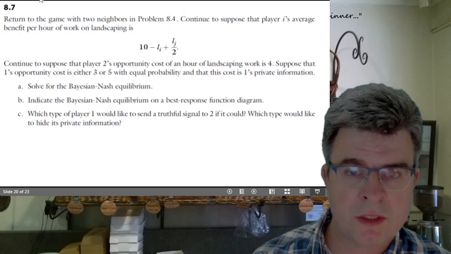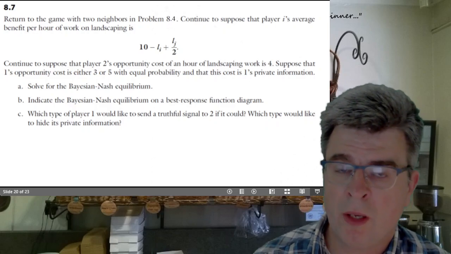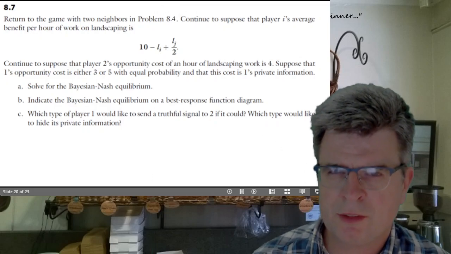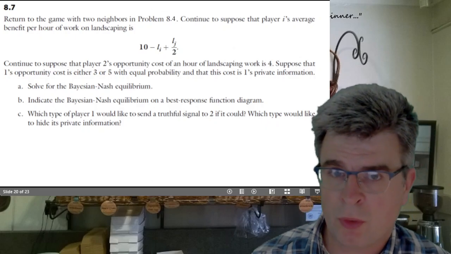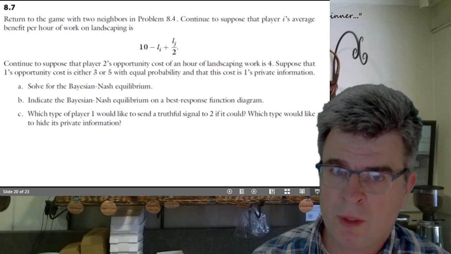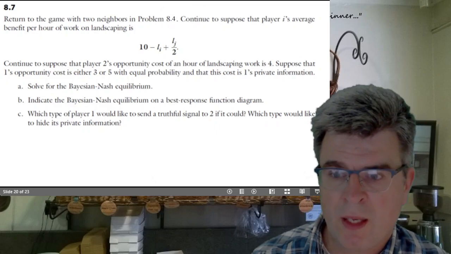And this cost is neighbor 1's private information. So neighbor 1 knows which type he is, marginal cost equal to 5 or marginal cost equal to 3, but neighbor 2 does not have this information.